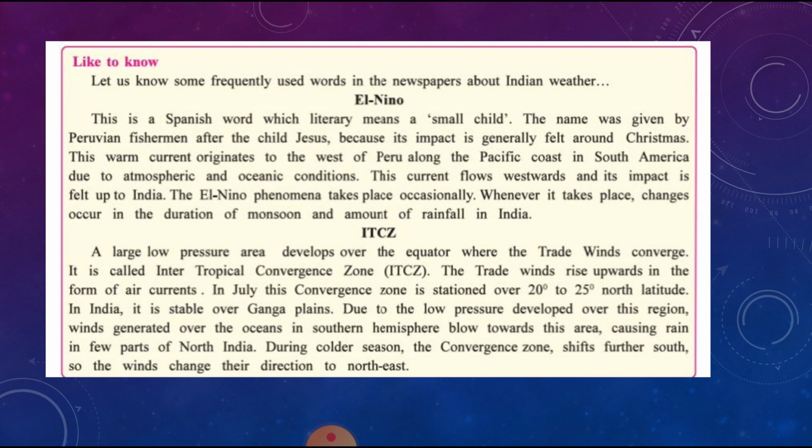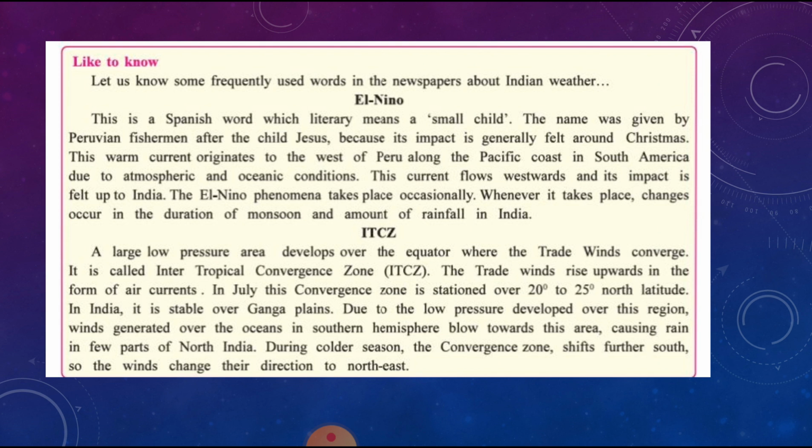Let us discuss it in detail. This is a Spanish word which literally means a small child. And this name was given by Peruvian fishermen after the child Jesus, because its impact is generally felt around Christmas.